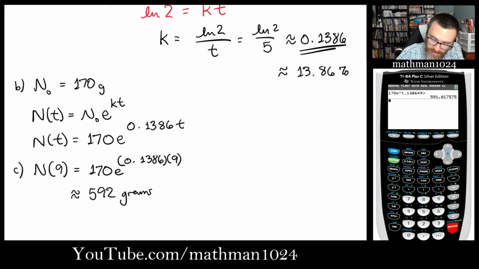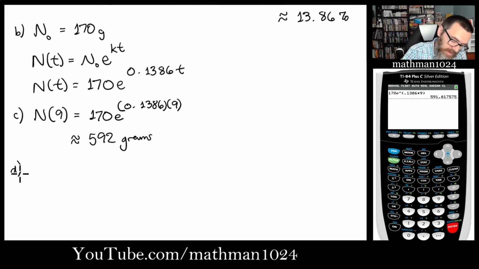All right, this next piece is asking, how long does it take to triple? So we knew how long it took to double. That was 5 days, and we didn't know the k. But now it's asking us how long does it take to triple. So that means we don't know the time, and we have to know the k. But we already do know the k, because that's related to that guy right there.